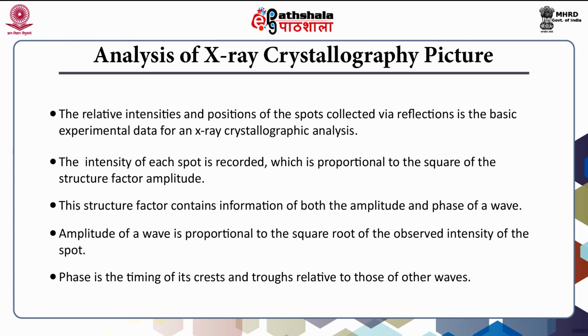The main point here is that each spot needs two kinds of values. One is the intensity, from which we can calculate the amplitude of the reflection. The other is the phase value of that particular spot. With these two values, we can calculate the 3D structure of the protein. How to calculate the 3D structure of a protein we will see in the next slide.